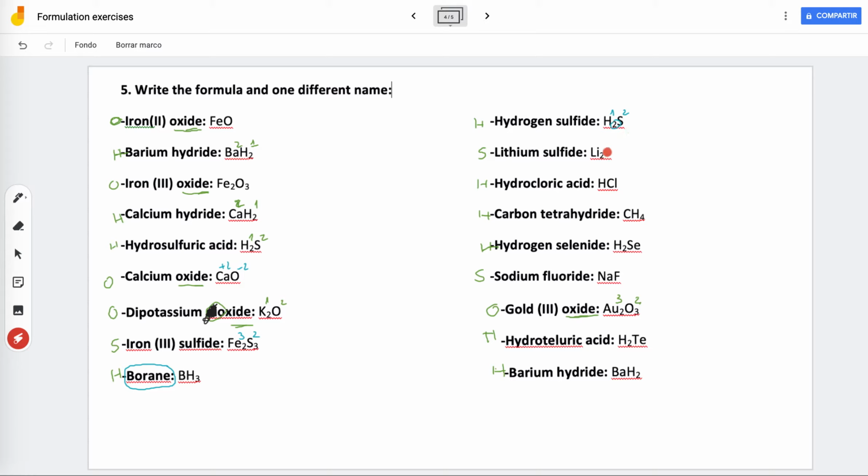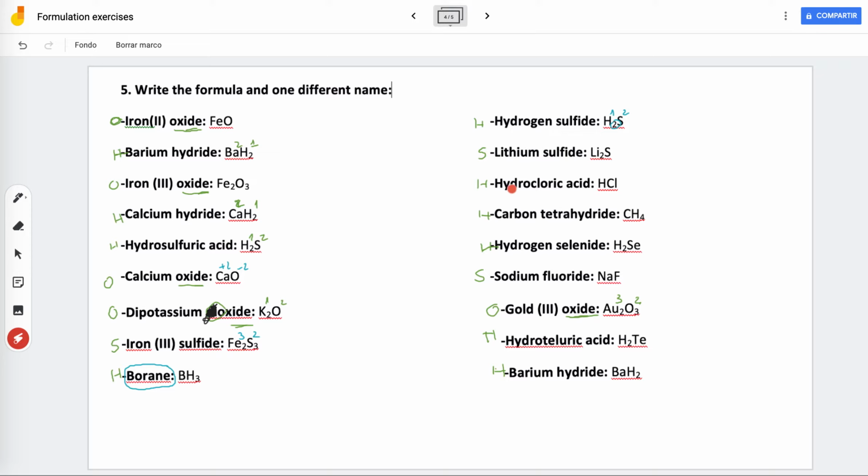Lithium sulfide, the oxidation number of lithium, sodium, potassium, rubidium, cesium, francium, the first column, alkali, they only have +1, and sulfur has 2. Sorry. So we swift, and that's it. But this is a salt, I'm not going to ask it. Okay.